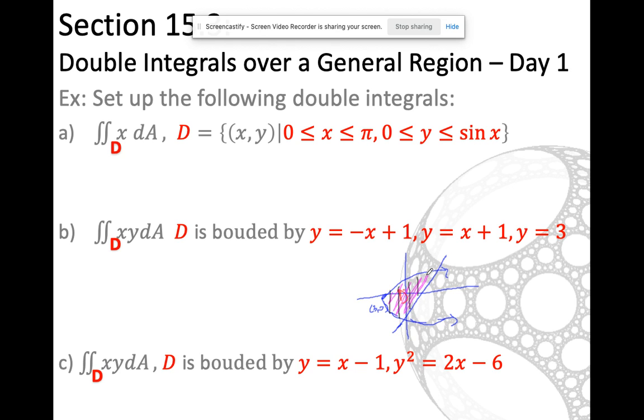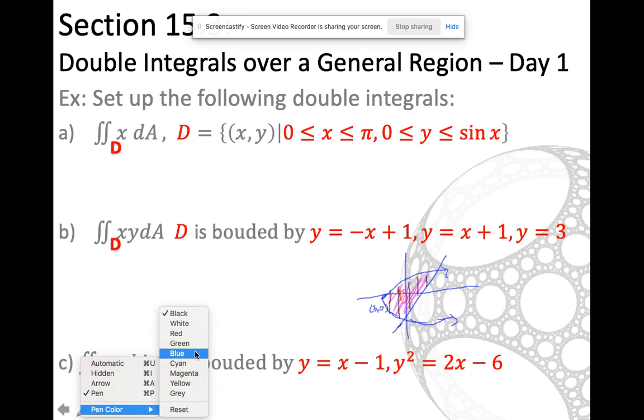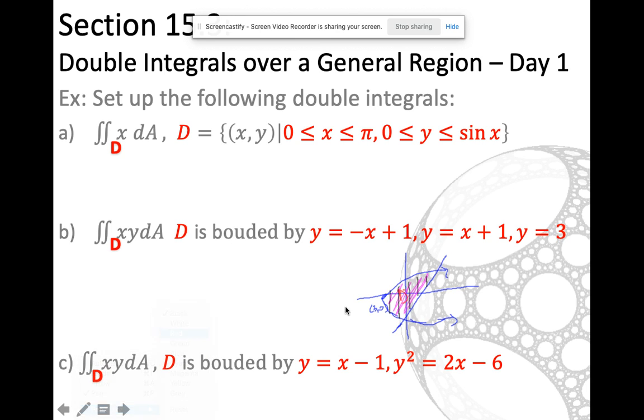I have a boundary change. But what if you draw horizontal strips? No matter where you go, the left bound is always that parabola, and the right bound is always the line.